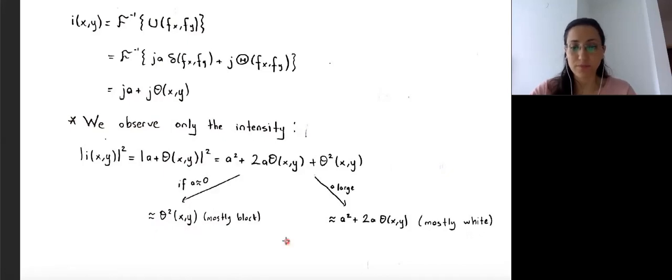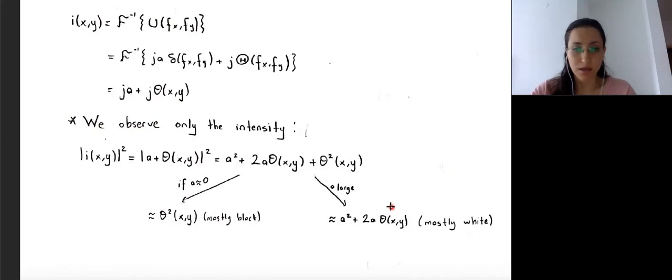And the places where we see changes from black color will be due to the squared phase of the object. There are also phase contrast microscopy systems that work with a large a parameter. If a is large, in that case, these two terms will dominate the image that we see. And when a is large, we're going to see mostly large intensities. So the images will be mostly white.